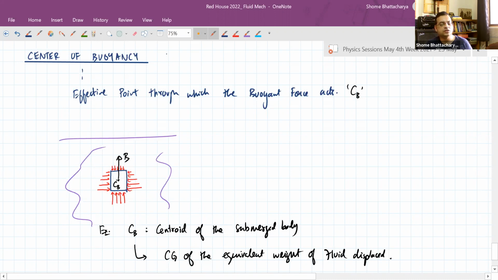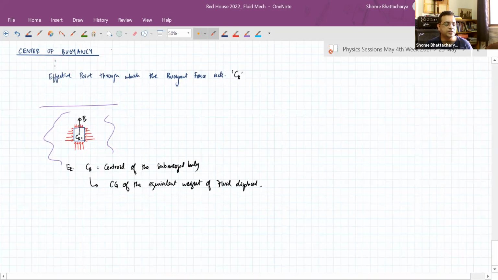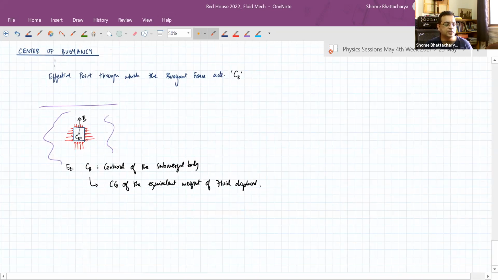So whatever the shape of this sunk object, the fluid it has displaced is a fluid of that much volume but of uniform density. So its center of gravity will be at its centroid, geometrical centroid, because it doesn't matter, the body itself may have variable density, but the fluid it has displaced, it was an ideal fluid, so it's a certain that much volume of fluid which is of uniform density. So center of gravity of the equivalent weight of water displaced will be the centroid of the body in this case when it is fully submerged.